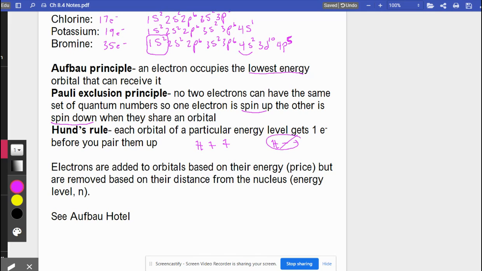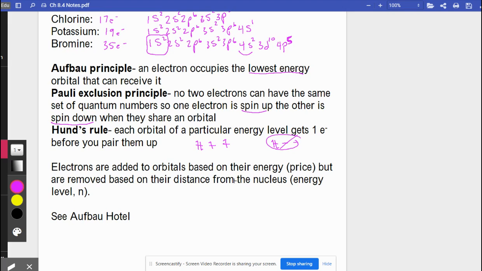And electrons are added to these orbitals based on their energy, like we were saying, which is similar to price. You're going to see in a second. So they're going to fill up whatever costs them the least amount of energy. But when we go back and we remove electrons to make ions, like potassium, for example, will lose its outer electron, this 4s, they are going to lose electrons based on the energy level.